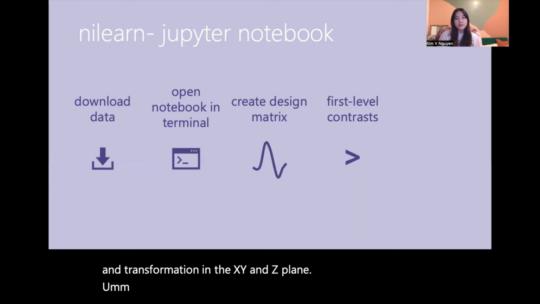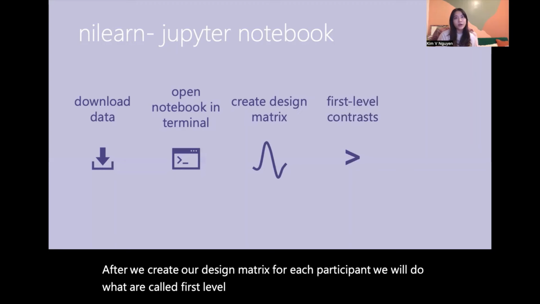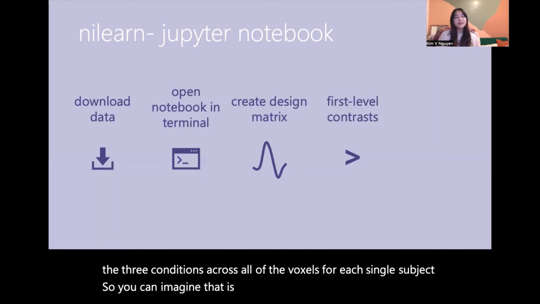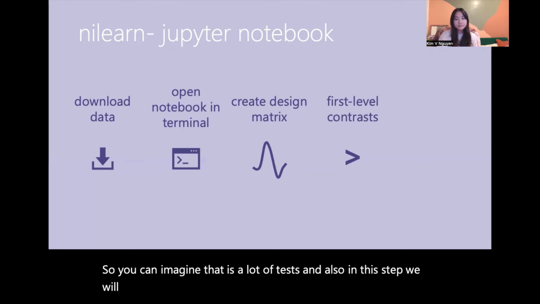After we create our design matrix for each participant, we will do what are called first level analyses. These analyses will compare the 3 conditions across all of the voxels for each single subject. So you can imagine that is a lot of t-tests. And also in this step, we will smooth our data.